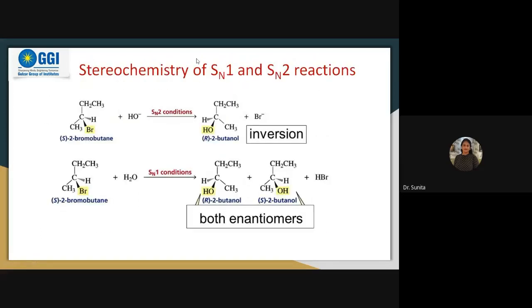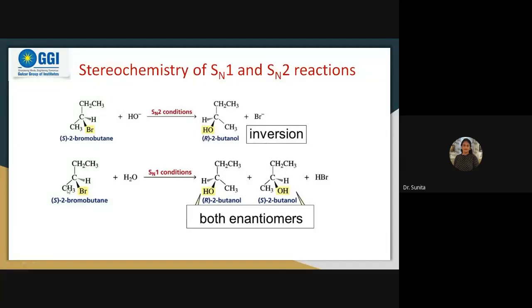So this is the stereochemistry of SN1 and SN2 reactions. Here you can see that we get both isomers in the case of SN1 conditions; they are mirror images of one another. In SN2 we get only the inverted product, right?